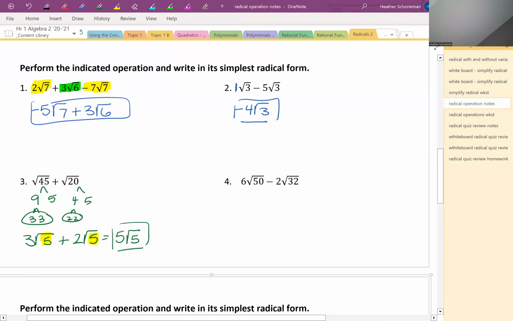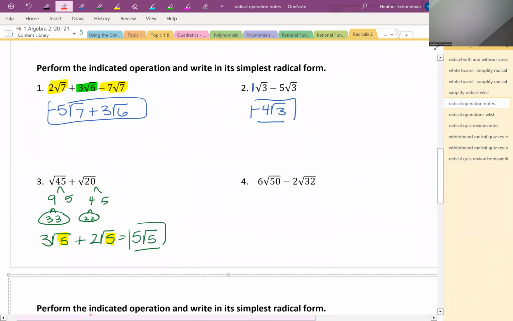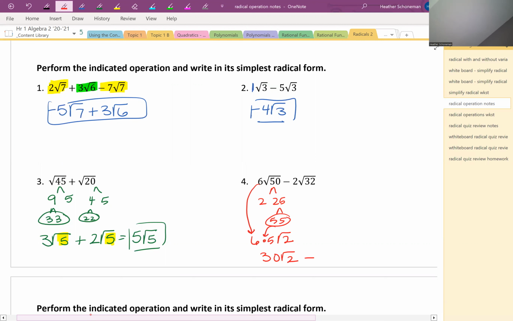Okay, over here, 50. 50 would be 2 square root, 2 and 25, 5 and 5. Now be careful. This 6 is already outside. The 5 comes outside and the 2 is underneath. So the first one is 30 square root 2 minus this one over here.